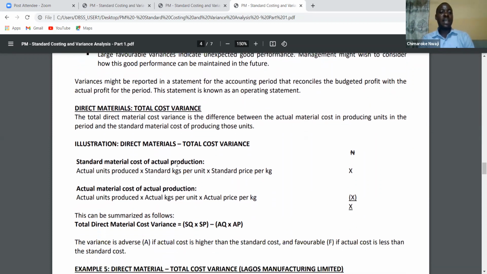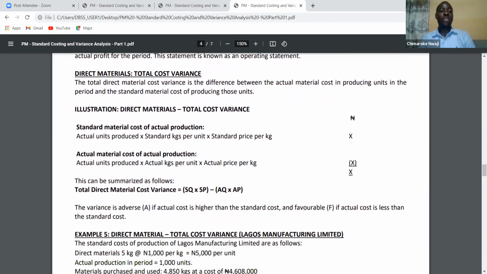Let's look at direct materials. So today, our discussion this night will be centered on just material variance. Now, I want you to take note of how we treat material variance, because it will be a way I will be treating most of the cost variances.